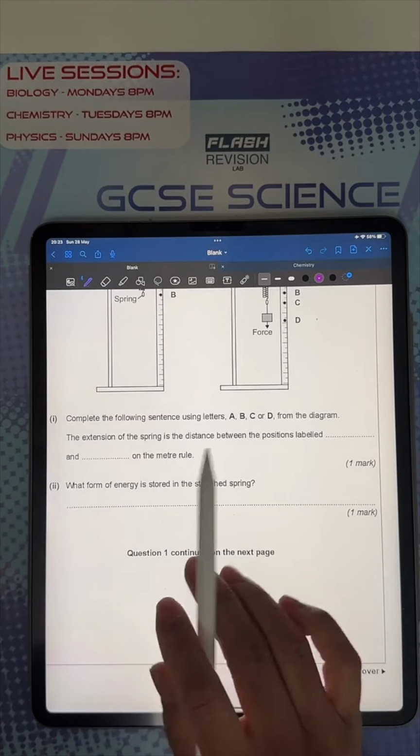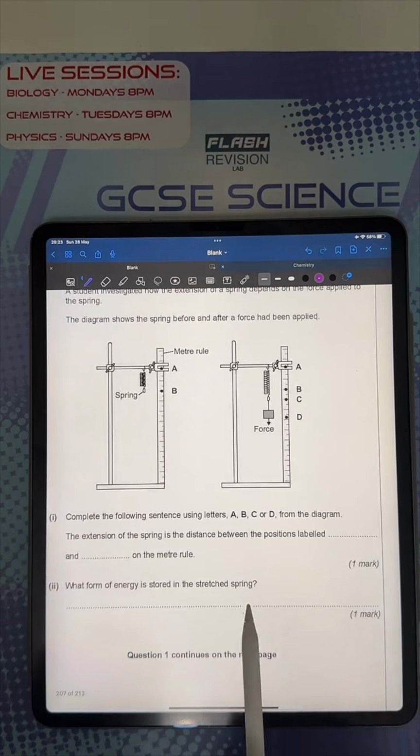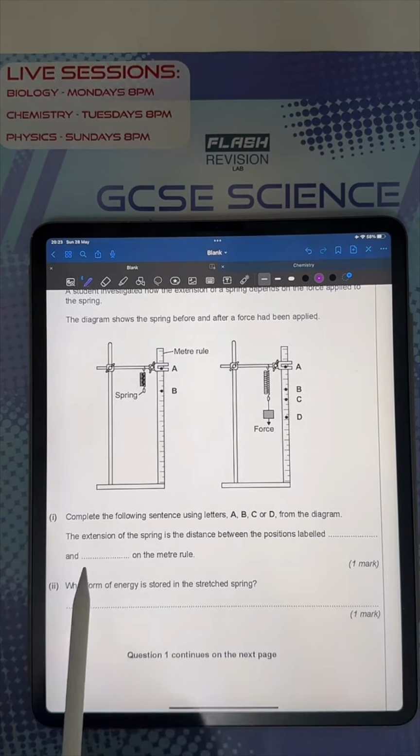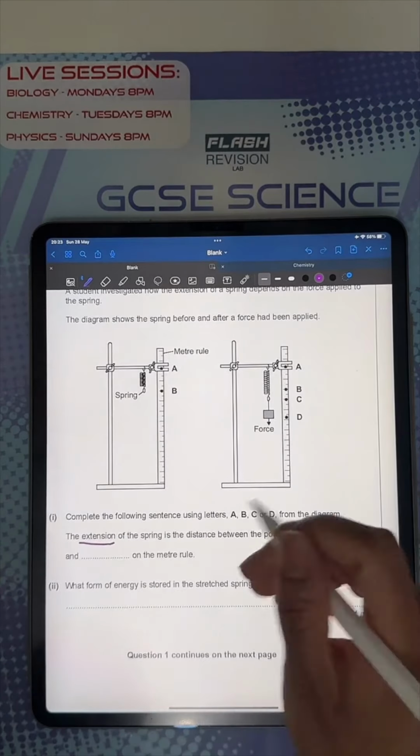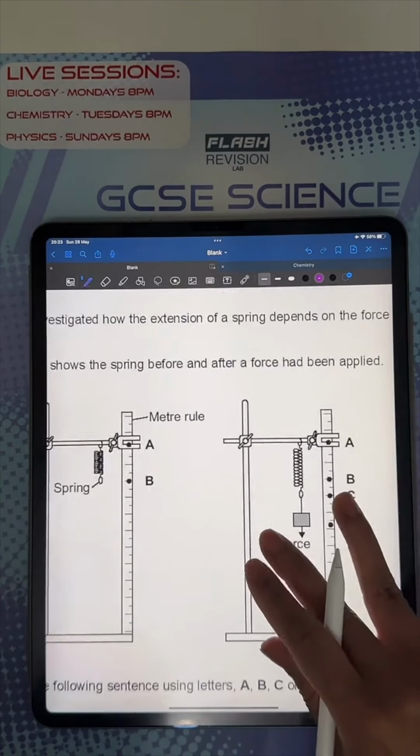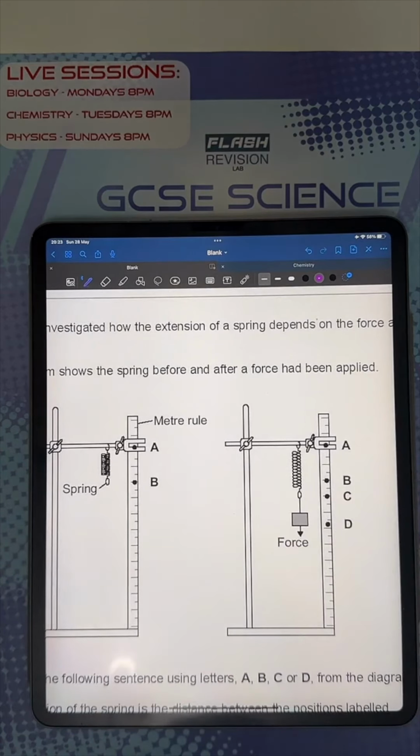The extension of the spring is the distance between the positions labeled what and what on the meter rule. So the extension, looking at that, which points would you say extension is?